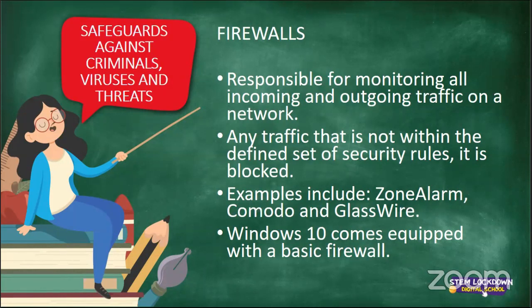So examples of firewalls are Zone Alarm, Commander, and Glasswire. You can buy those and put them as an add-on to your computer. Windows 10 and most other Windows, Windows 7 and so on, also come equipped with a basic firewall. It will block out 50 to 90% of everything that is not supposed to get through.